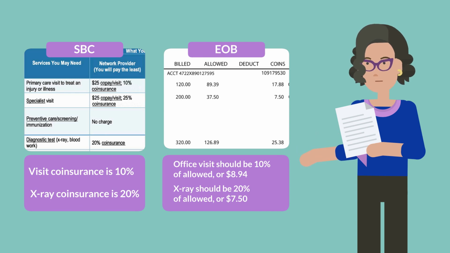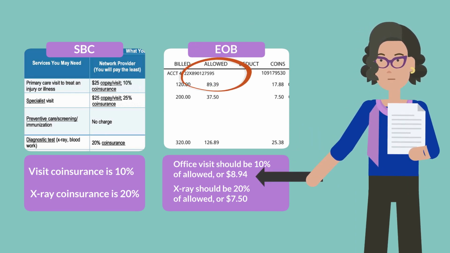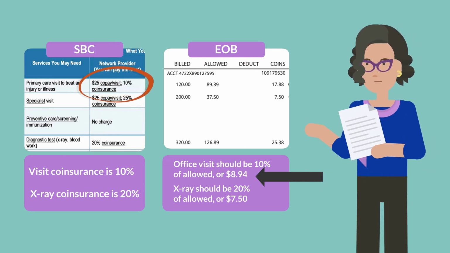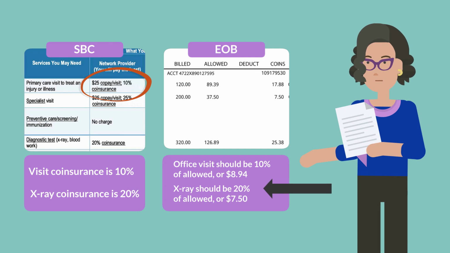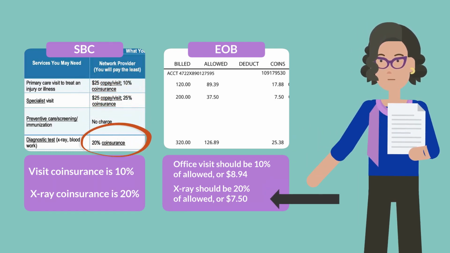In this case, 10% of the allowed $89.39 would be $8.94, which is less than $25. For his chest X-ray, his coinsurance is 20% of the allowed amount, which works out to $7.50.